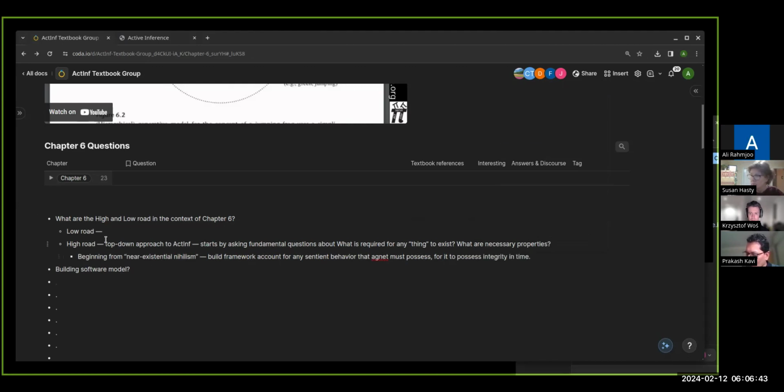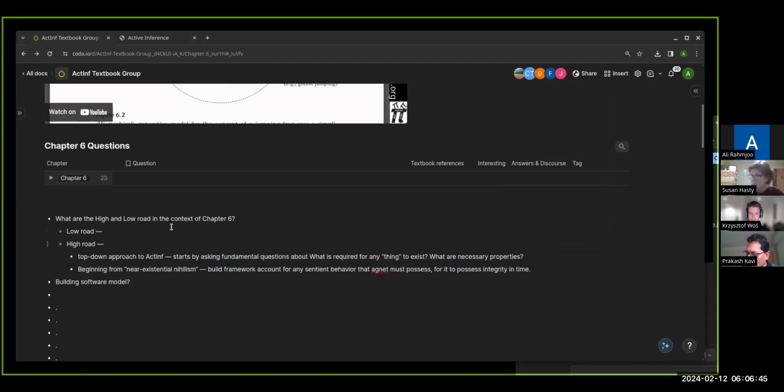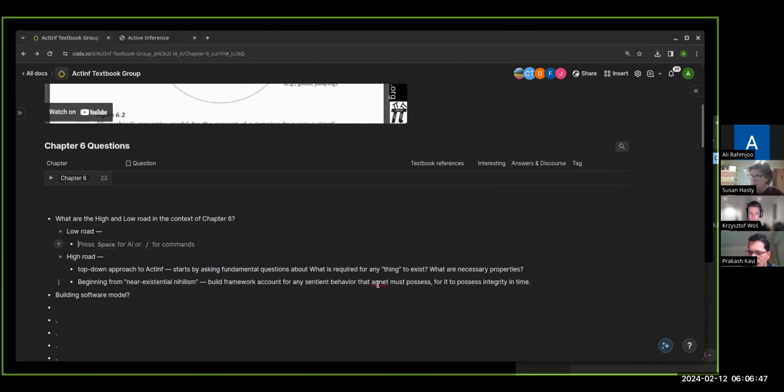But on the other hand, the low road begins by the premise of the existence of the mind. So here, the existence of the agent, or rather the predictive agent, is presupposed.